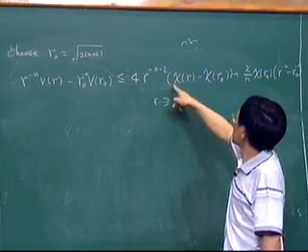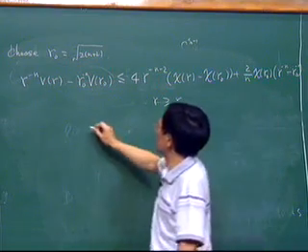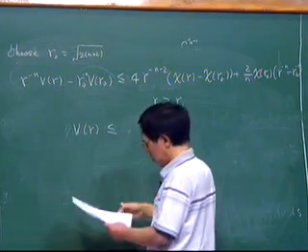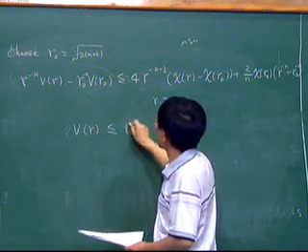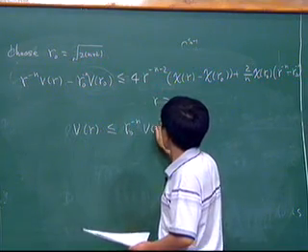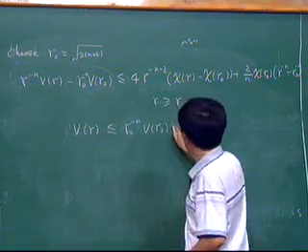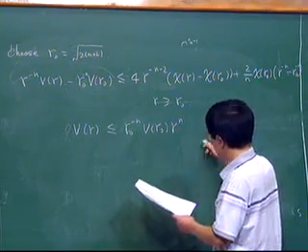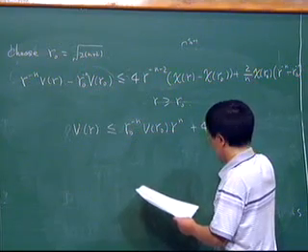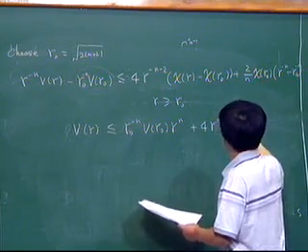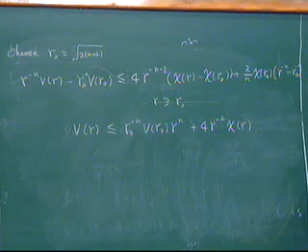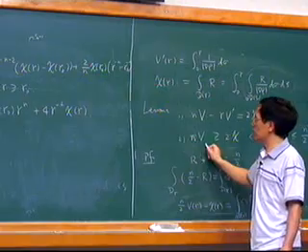So we have V of r less than or equal to n. We have this. Again, we use the lemma here because it's less than or equal to VR.